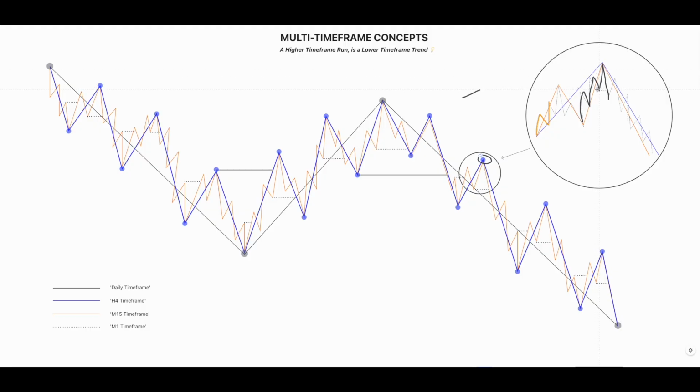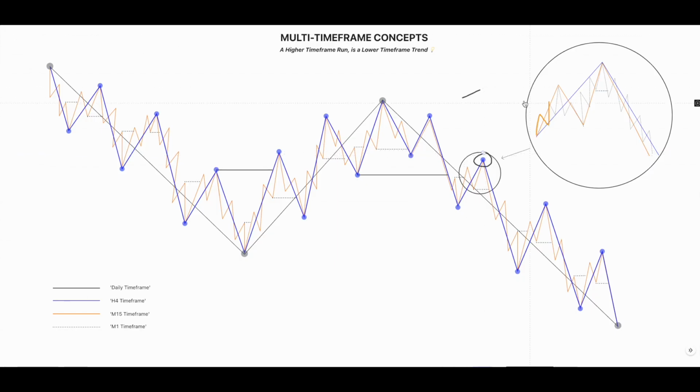We can wait for the 1 minute to then shift bearish, okay, which is then catching potentially the start of that M15 pullback. But as you can see, the 1 minute time frame remains bearish that whole time. We then switch bearish on the M15 as well. So now we have positioned ourselves in the very, very start of potentially this next 4 hour impulsive leg to the downside, and we've caught the very, very start of that lower high.